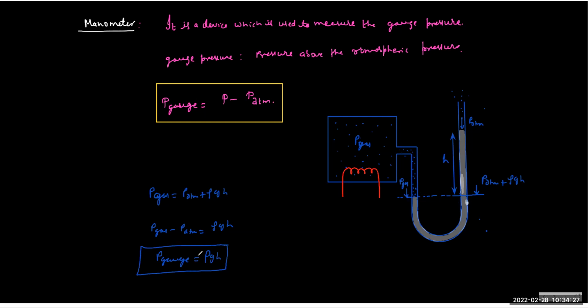By looking at this device and the difference of the mercury level in the two limbs, the left limb and the right limb, we can find the gauge pressure directly. That is why it is used in this fashion.